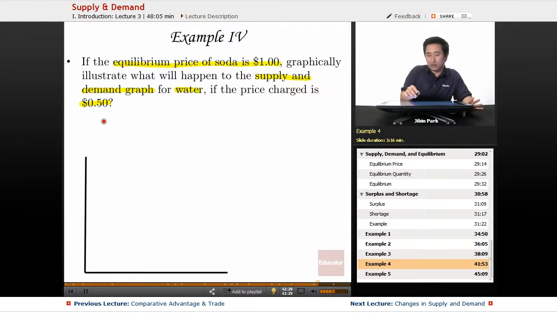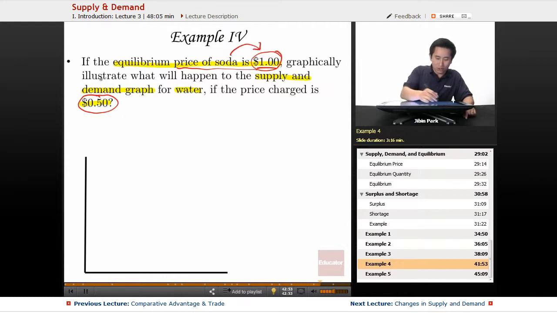Now let's go ahead and assume that the equilibrium price of water is also $1. So this could be a setup for a question here. I know I only gave the equilibrium price of soda being $1. What happens if the price charged is 50 cents for water? So again, these are two different products here.